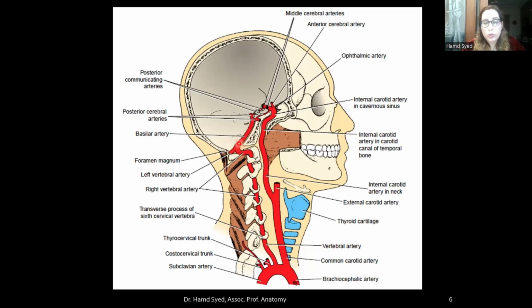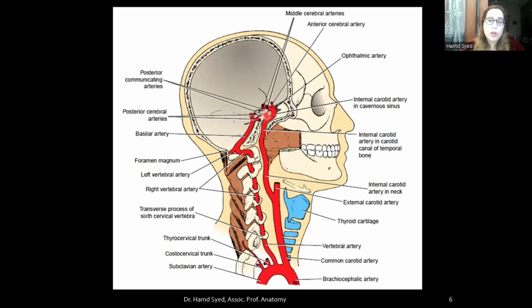This union of the two vertebral arteries takes place at the lower border of the pons, and the basilar artery then ascends and divides into the two terminal posterior cerebral arteries, which are joined by the posterior communicating artery to form, as you can see here, a circular ring, which is known as the Circle of Willis. So this Circle of Willis is formed at the base of the brain.